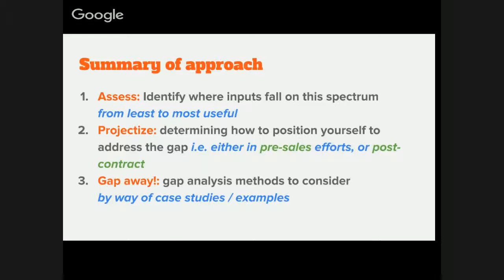So what are we going to do? This is sort of an outline of the general steps, and sort of even thinking about getting to something called gapping analysis, and being so bold as to even use the term, because it's pretty geeky, kind of a jargony term, and you want to use it wisely.